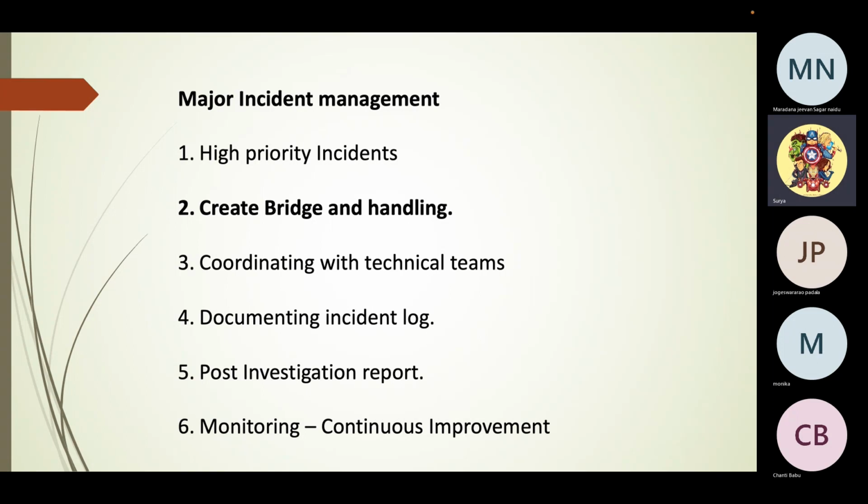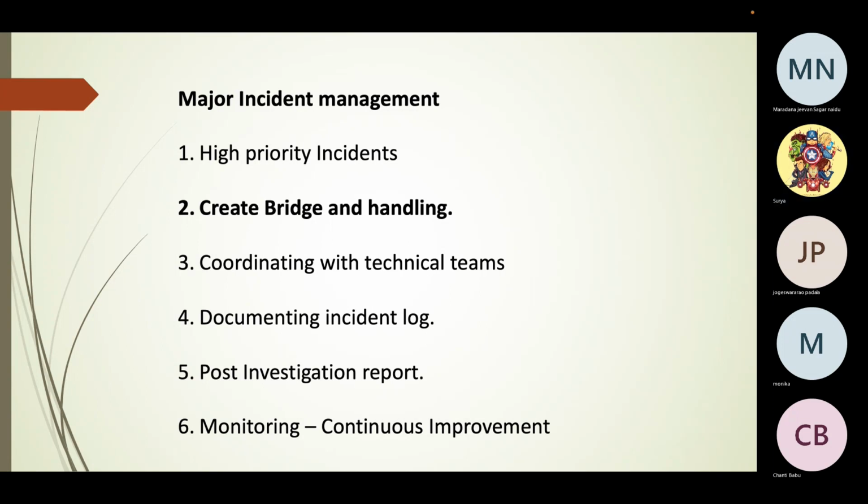I think we already discussed this in our second class. You can revise it. The basic thing you should answer is the main difference between a major incident and a normal incident. How many priorities do we have for an incident? Am I audible to everyone?